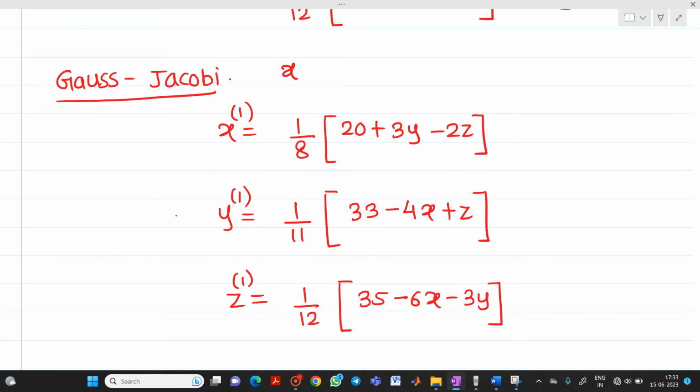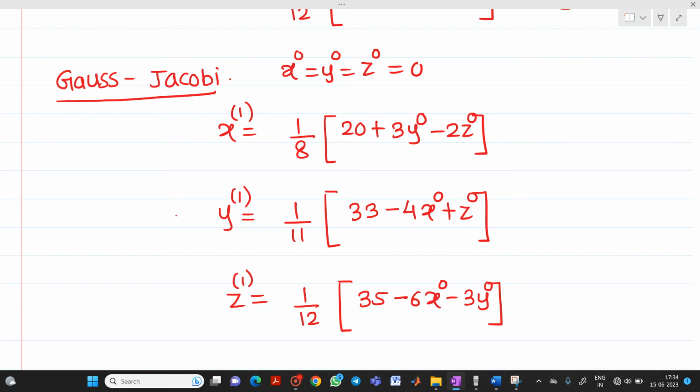If you see, x equal to y equal to z equal to 0 means we have been given initial values of x, y, z. As it is Gauss Jacobi, here it will be y0, z0, x0, z0, x0 and y0. Whatever answer we get at the end of iteration 1, we have to utilize it as the initial approximation for iteration 2.